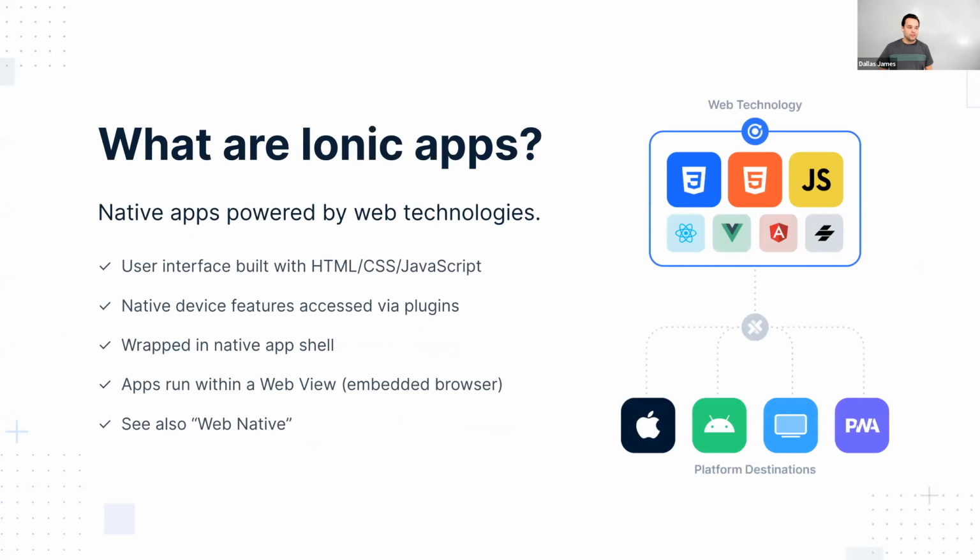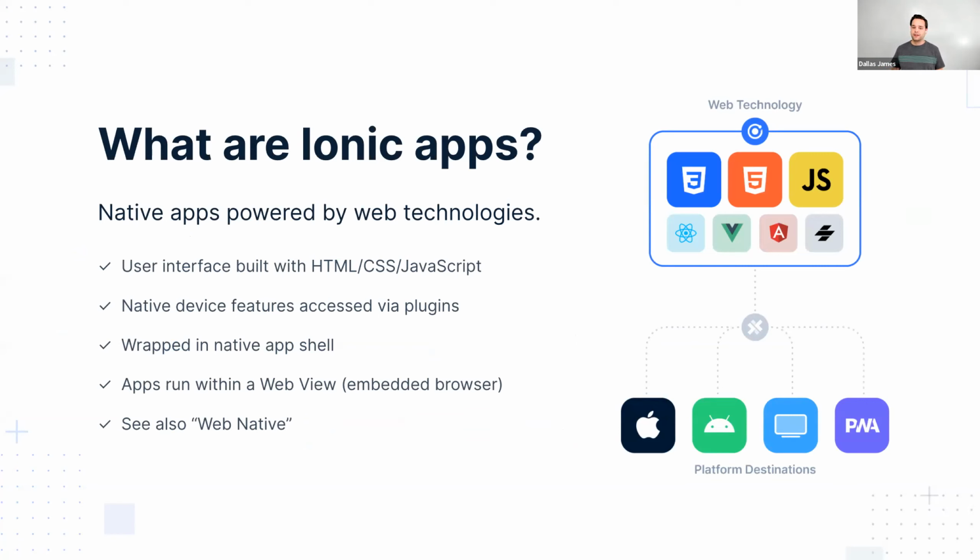Ionic applications are native applications, right? So anytime you use a native app, you open up that application on your phone, it is powered potentially by Ionic. And what that is, it is a web technology-based application that is all put together and is deployed as a native app onto your native devices.